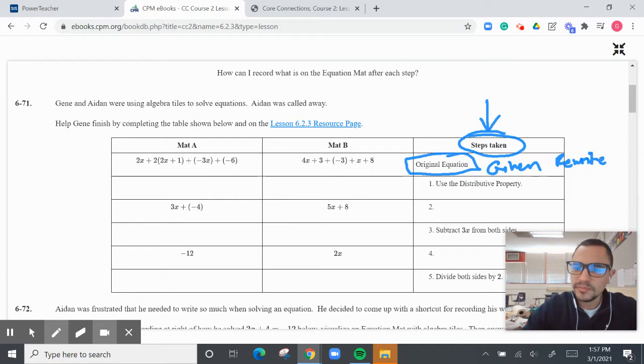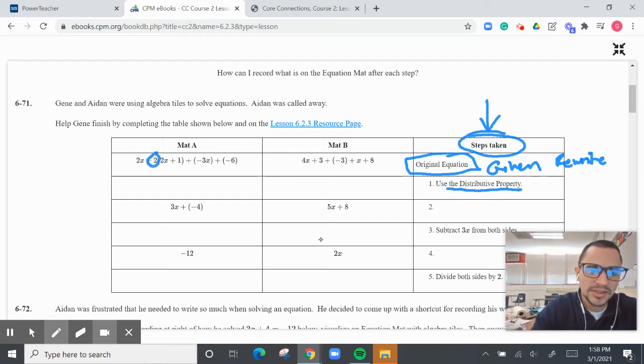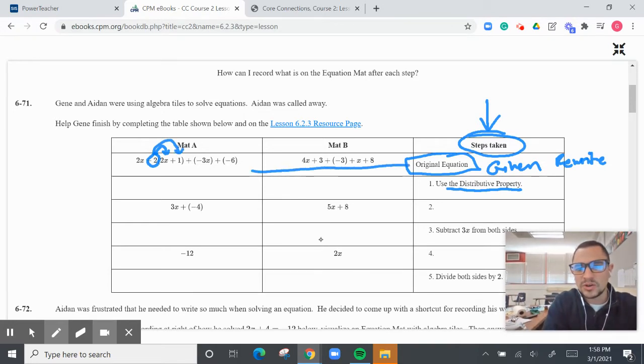Second part, first step: use the distributive property. So in order for us to do that, that is talking about this right here. We've got to distribute here and distribute there. Even though this is what's already been done, this is the next step we take, and then we want to rewrite it on this line.